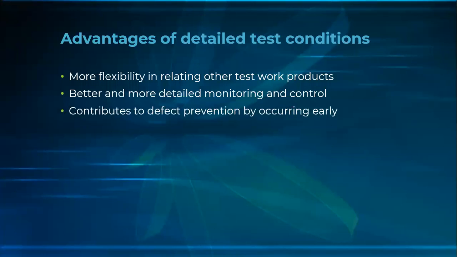It contributes to defect prevention by occurring earlier. Let's take an example: if the only scenario we did for login was just valid, valid, and we didn't touch every other scenario, I can tell you that once a negative test is done on that, it's going to break the whole application.